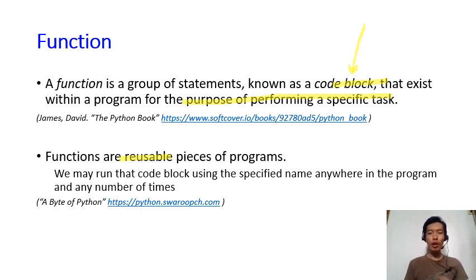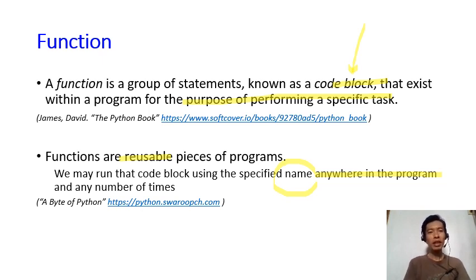Of course, whenever you have a matrix and you need to find the inverse, you just need to reuse that same block again. Okay, so that's why it's called the reusable pieces of program, such that you may use it anywhere else in the program. You just call the name of that block and just reuse it whenever you need that function.